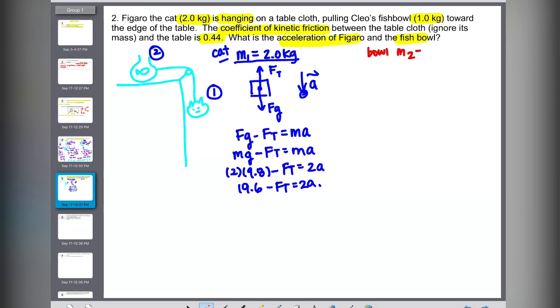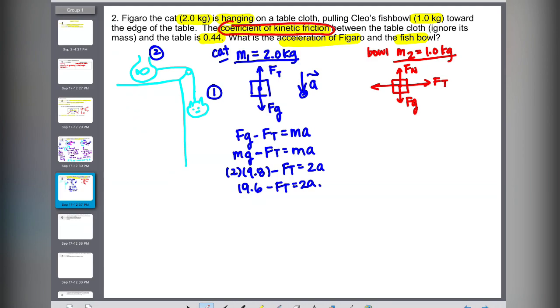The second one is the bowl. Mass 2 is 1. And this time, it is going sideways and sitting on a table. So I have Fg and Fn. There is a rope tying on the right hand side of the bowl, so I have Ft.